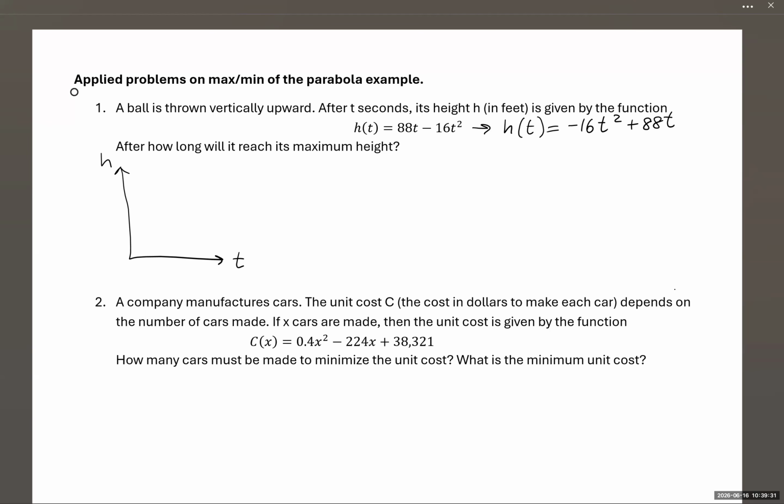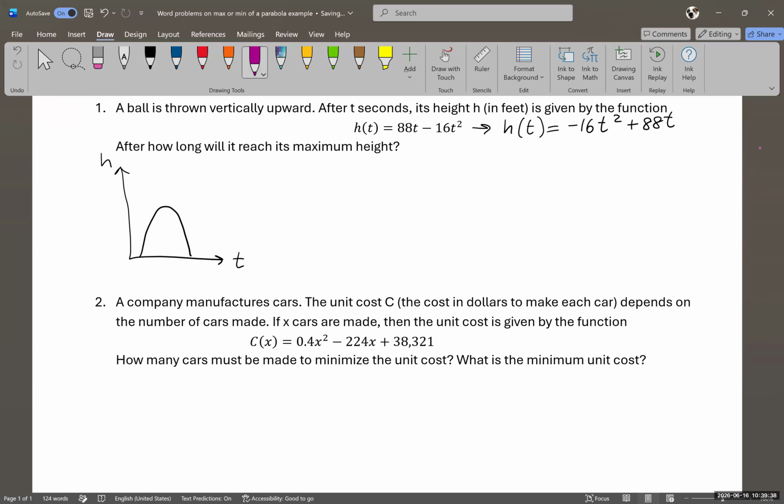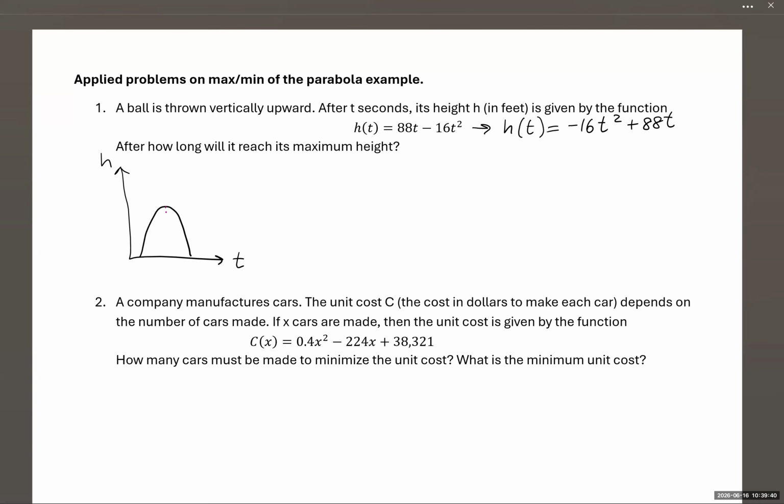Now that you can clearly see it opens down, so something like this. And then we can label what's going on in this graph. So this is the time that it takes to reach the maximum height, and this is the actual maximum height.